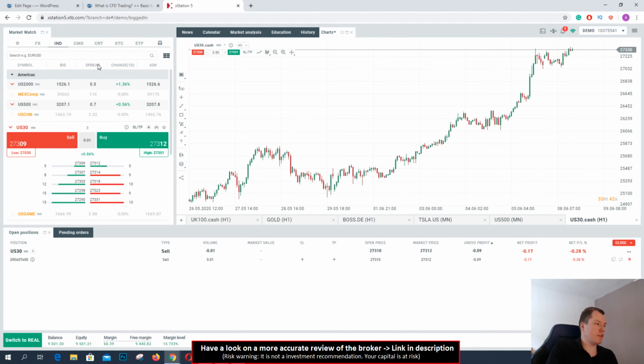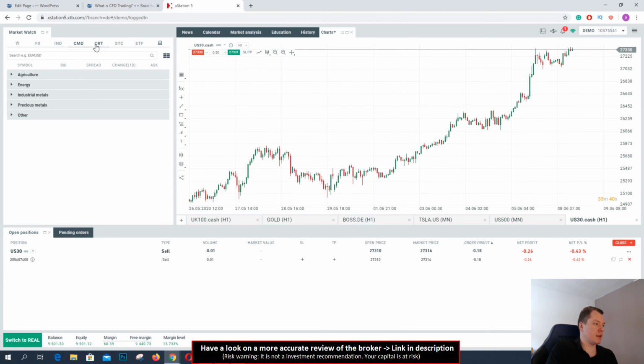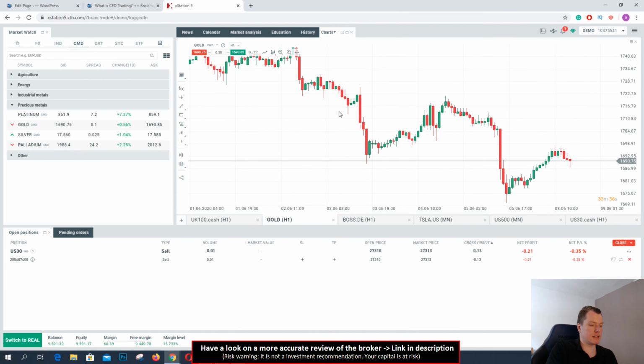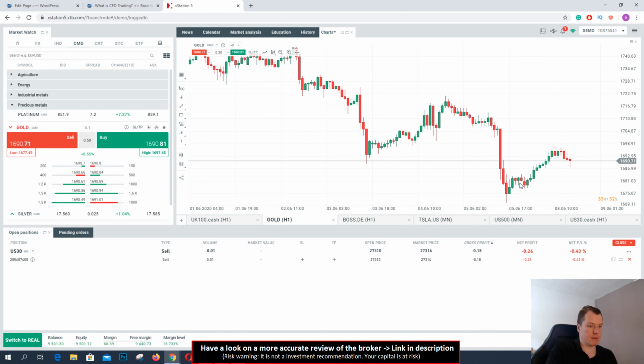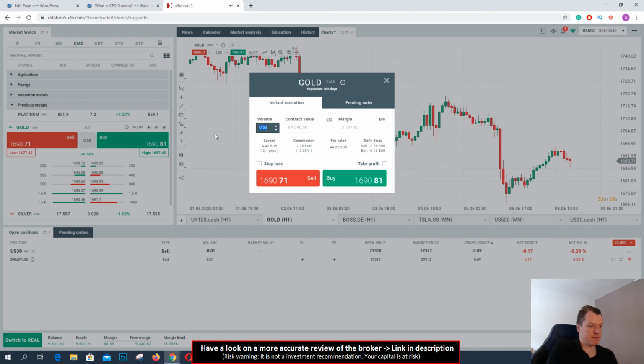For example, let's use another asset like gold. I will open the chart here and let's make an example trade. For example, I want to buy gold and I'm opening here with a little bit more volume, like 5 contracts. I only have 9,000 euros on my account, so I'm using smaller. I'm using 1 contract.